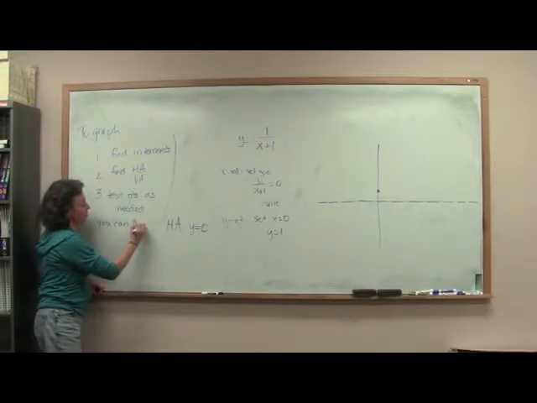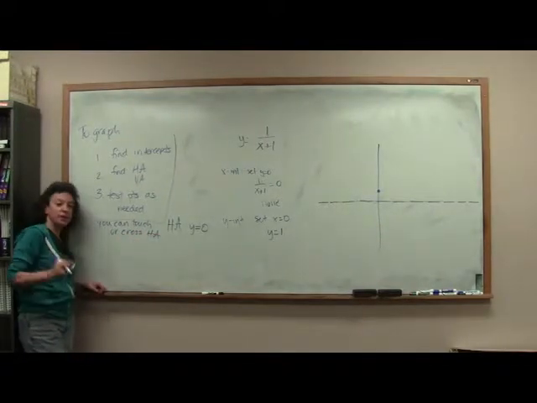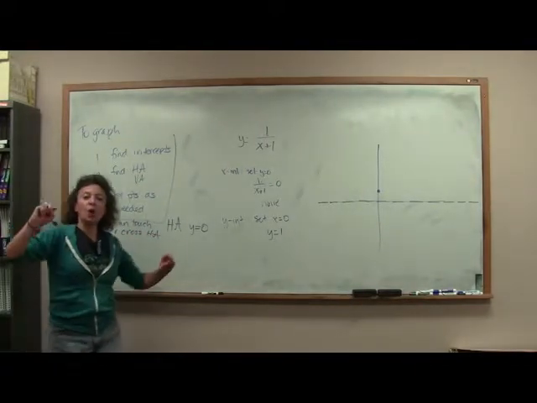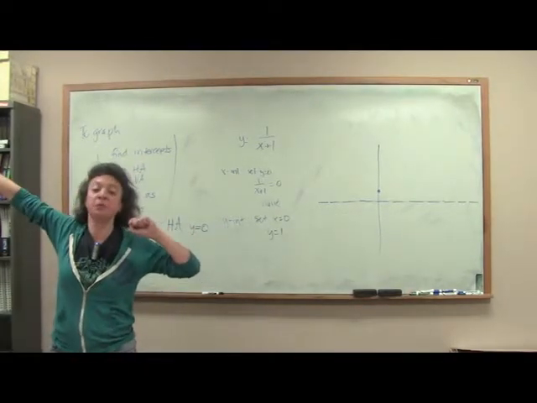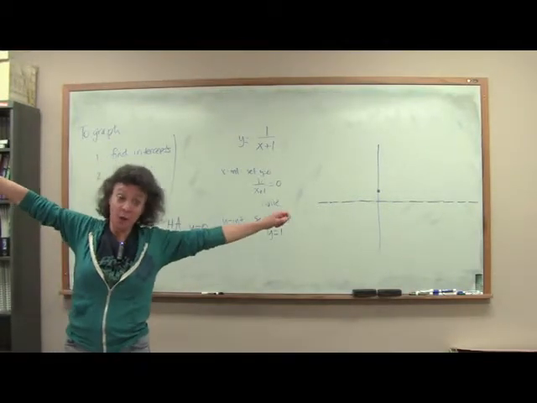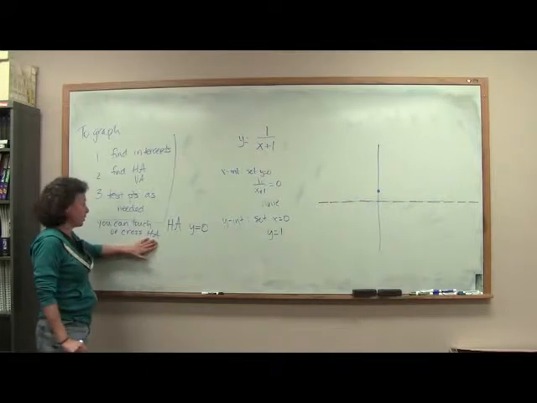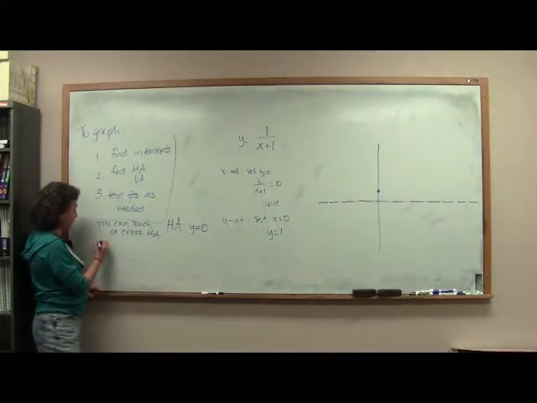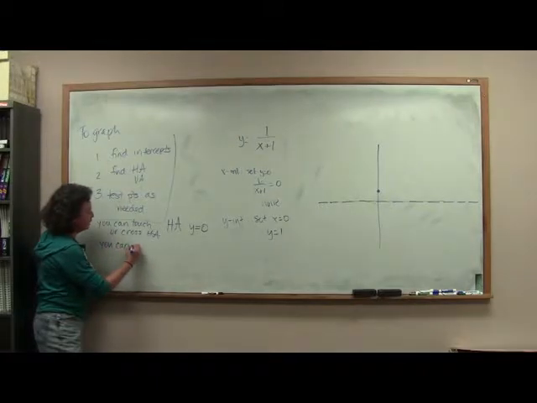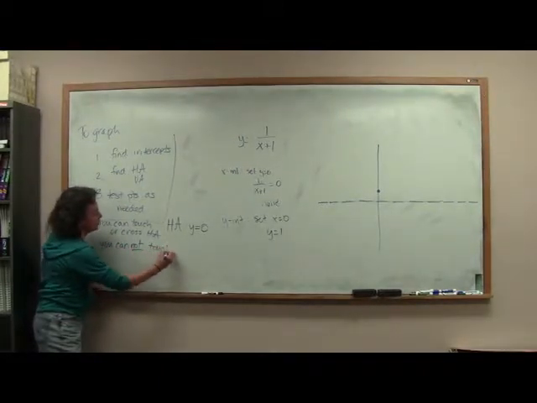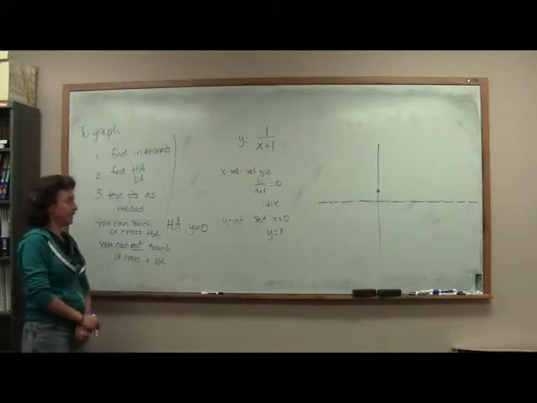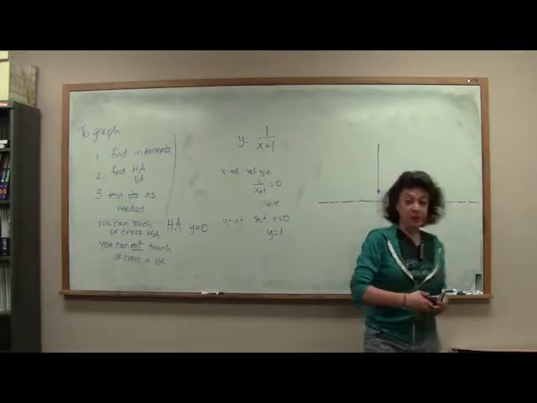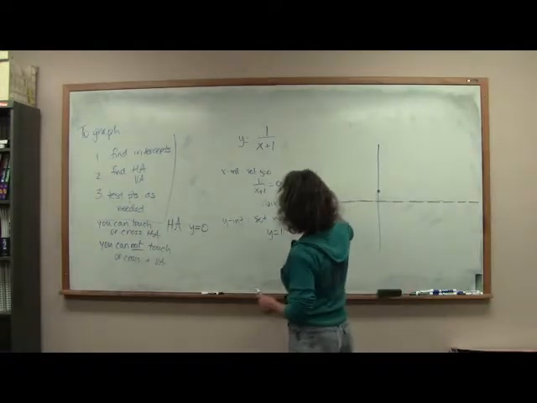You can touch or cross a horizontal asymptote. Horizontal asymptotes, remember, only tell you the long-term behavior. They only talk about what happens as x gets super big or super small. So you can touch or cross a horizontal asymptote. However, you cannot touch or cross a vertical asymptote. Let's find our vertical asymptote here, and I'll show you exactly why.